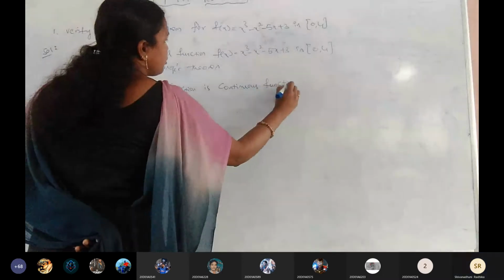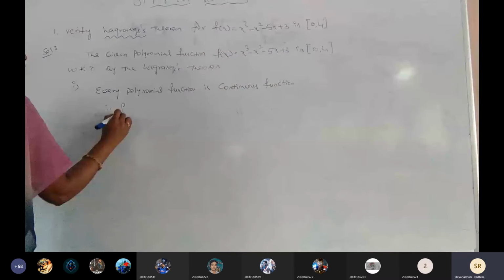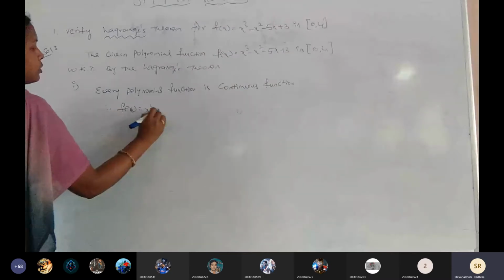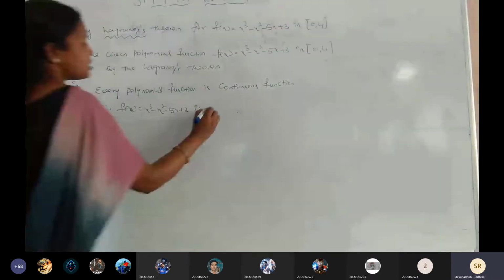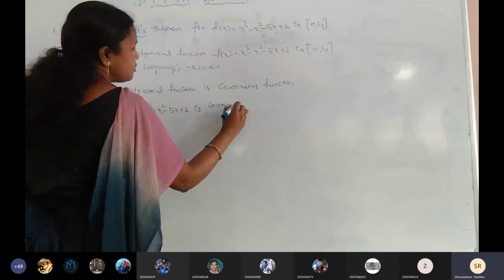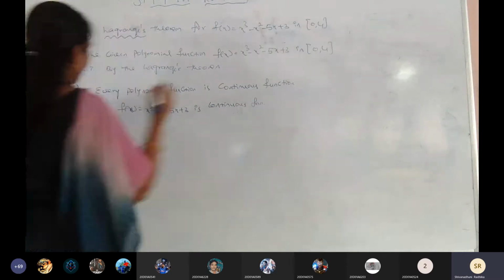Therefore, f of x equals x cube minus x square minus 5x plus 3 is a continuous function. Is it clear, all of you?